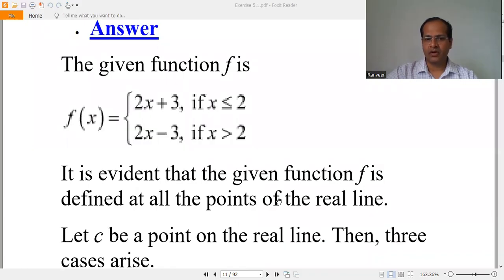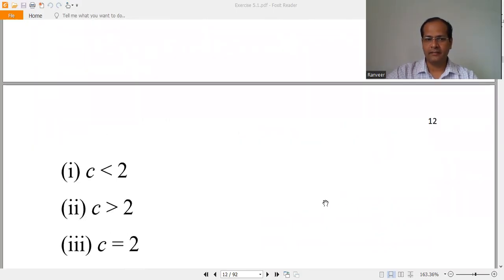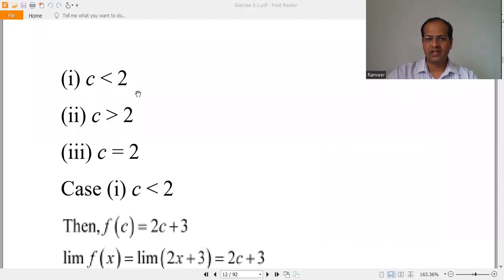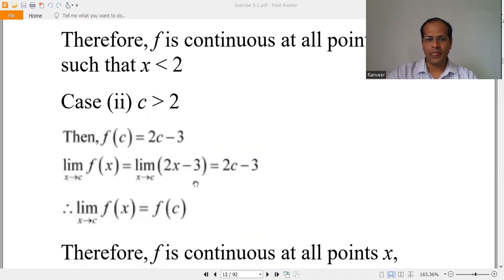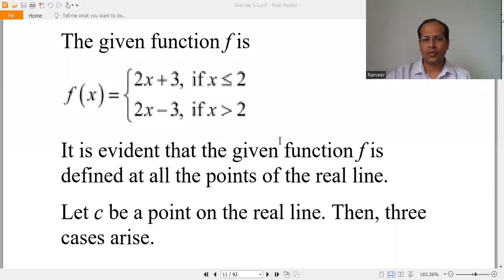The given function is defined for all the points on the real line. Now c is less than 2, c is greater than 2, whatever we discussed. So f is continuous at all points x such that x is less than 2. Whenever this type of question is there, at the particular point 2 it is discontinuous.